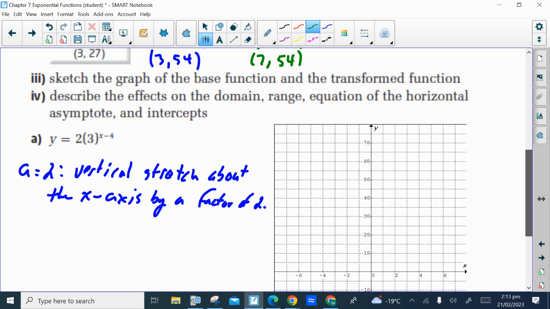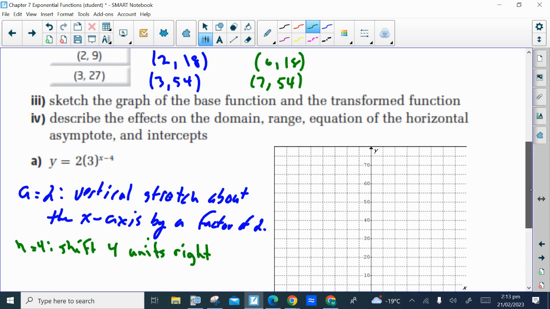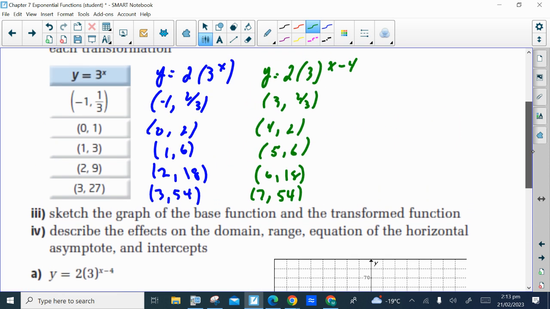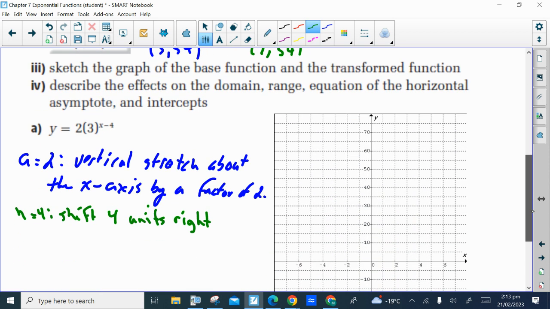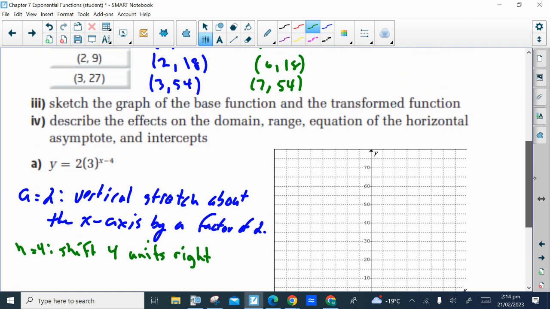Because we have an h value of 4, that will shift the graph 4 units to the right. So if we put these points on the graph, we've got the point (3, 2/3), really close to the x-axis.